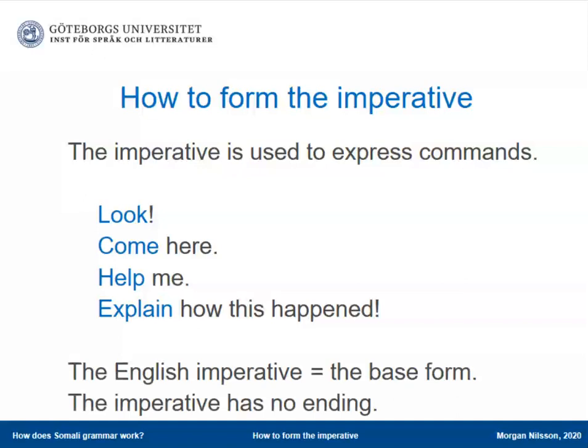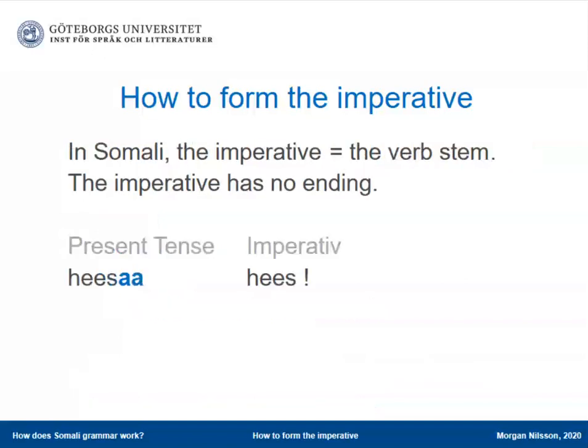And in English, the imperative form is equal to the base form, the basic form of the verb, also called the infinitive. This means that the imperative has no specific ending in English. And that is actually true also in Somali.